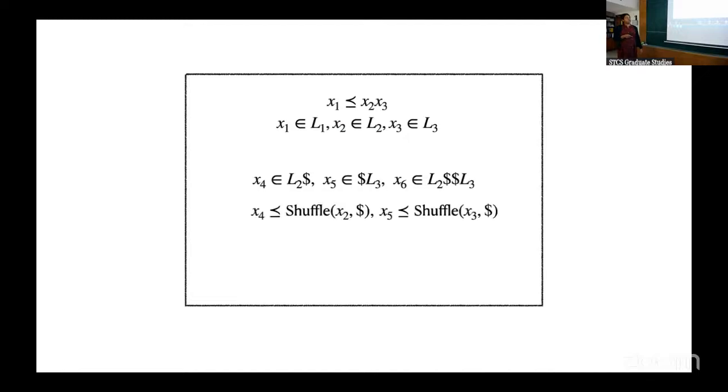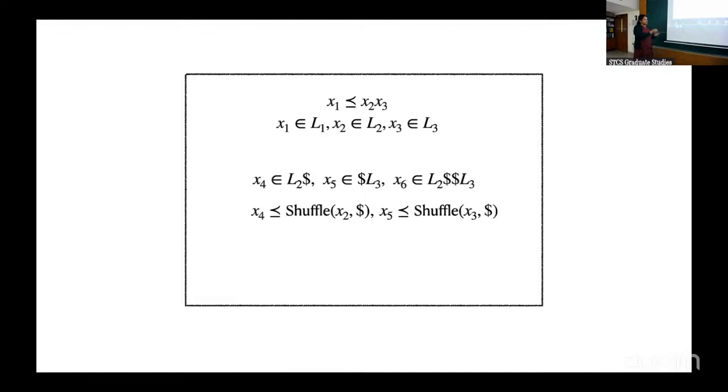That's what I want. And then what I will say is, this x4 is actually a subword of the shuffle of the x2 that I get from here with a dollar. And x5 is going to be a shuffle of x3 with a dollar. So there are now all possible ways of shuffling these two things. So you can take a word from x2 and insert the dollar wherever you like.